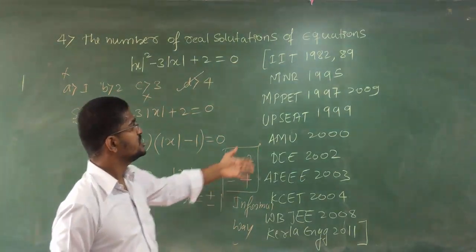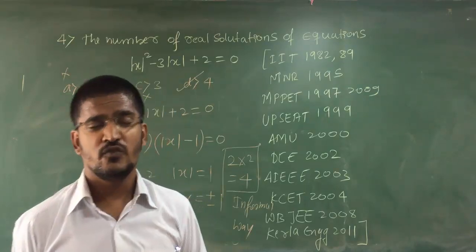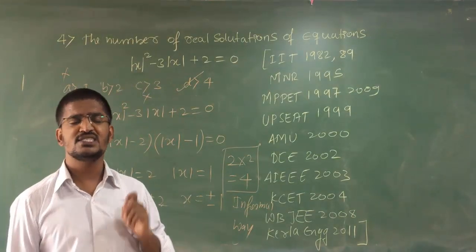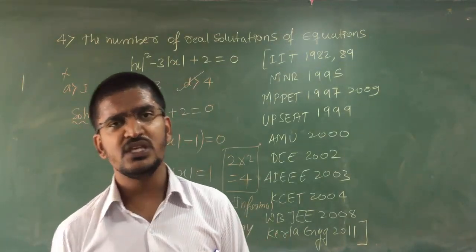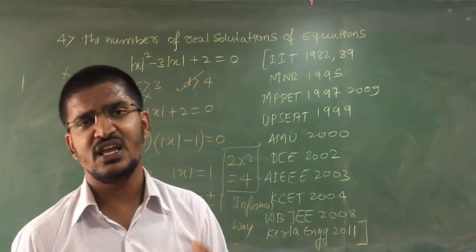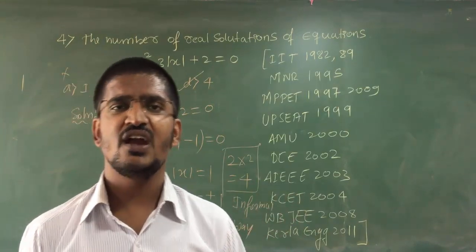See in how many exams it has been asked. For that reason, my dear students, you have to refer to the previous year questions. If you are writing a state level CET exam, please go for the IIT question papers, for example West Bengal, IIT or any IITs, Roorkee IIT, like that.